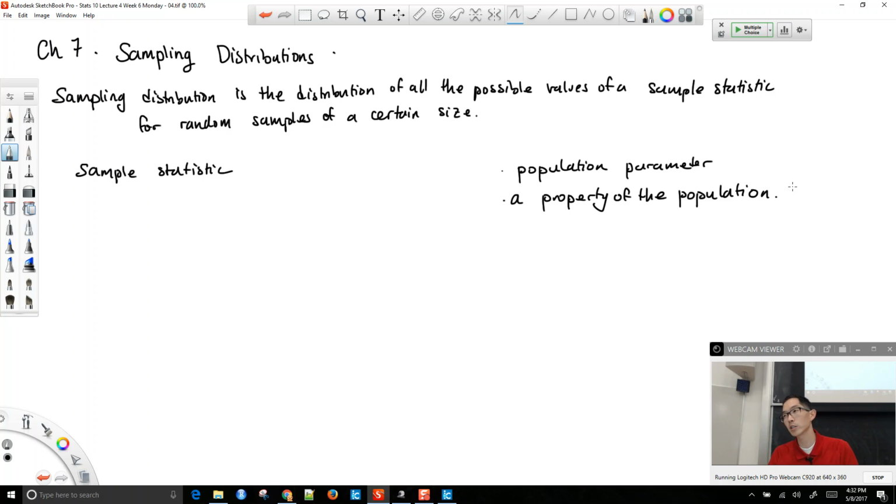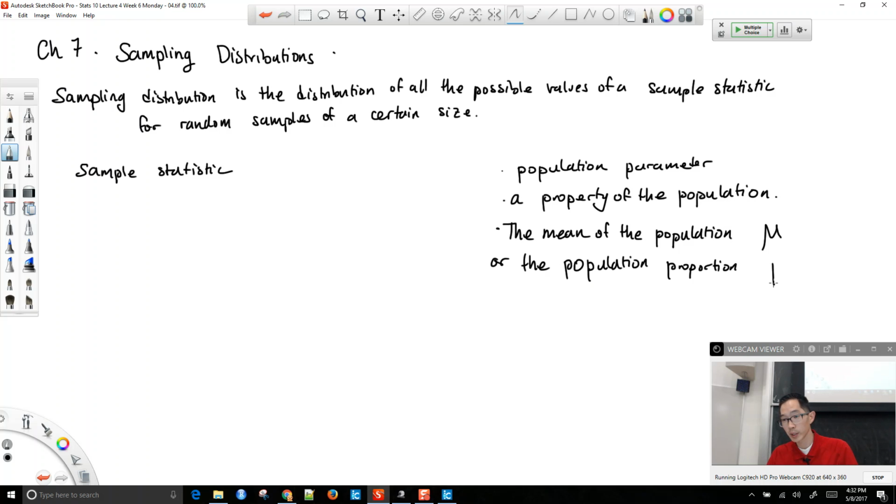So one thing we might make conclusions about is the population parameter. This is a property of the population. It's generally unknown to us, but it's something like the mean of the population, which has the symbol mu, or the population proportion, which will be the letter P. Meanwhile, a sample statistic is a summary value for a sample.